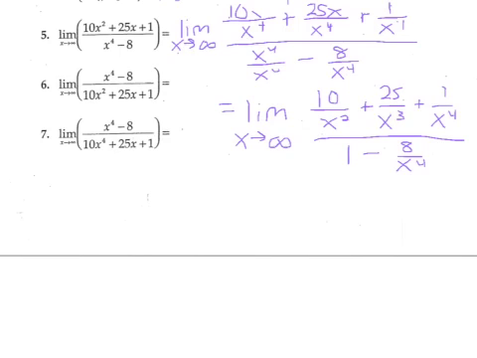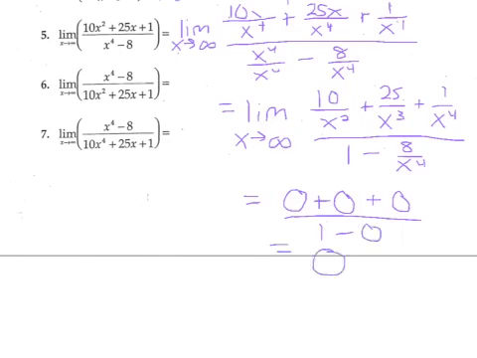So using our theorem, we know that the top will go to 0 and the bottom is over 1. So the limit as x approaches infinity is 0.